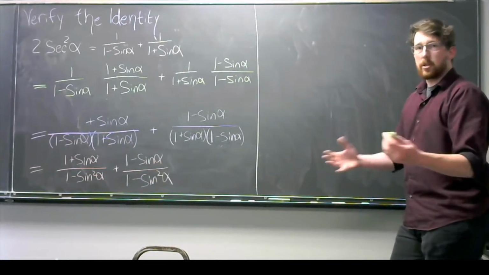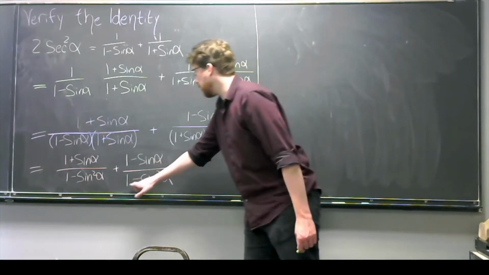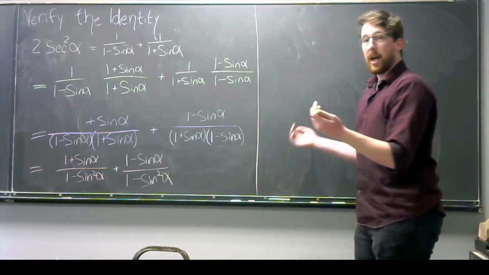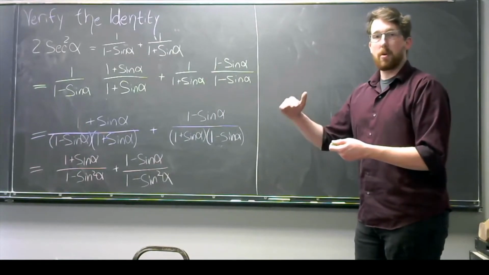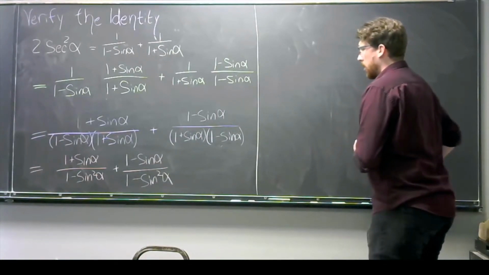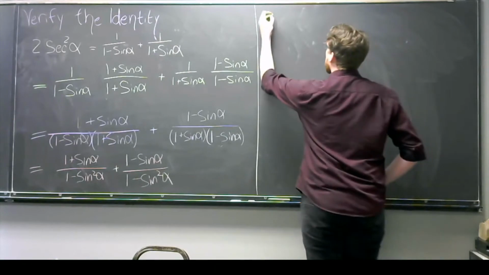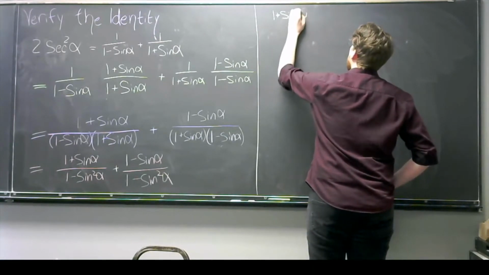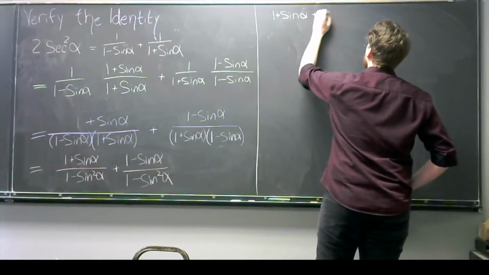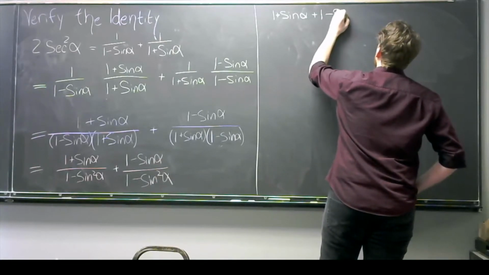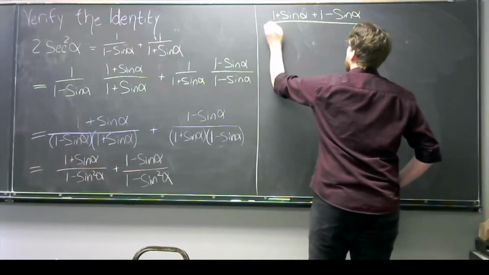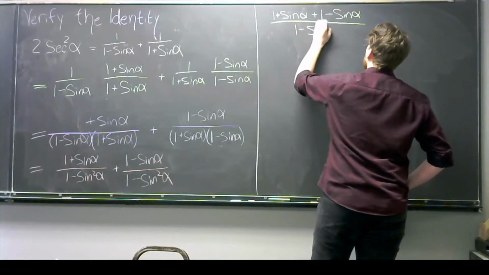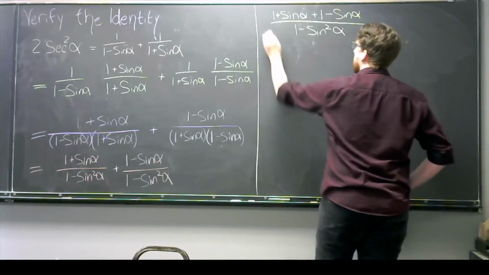Now we're going to bring these two fractions together. Since they share the same denominator, we can just add the numerators together, put them over that denominator. When we do that, we're going to have 1 plus sine alpha plus 1 minus sine alpha, this entire quantity over 1 minus sine squared of alpha.